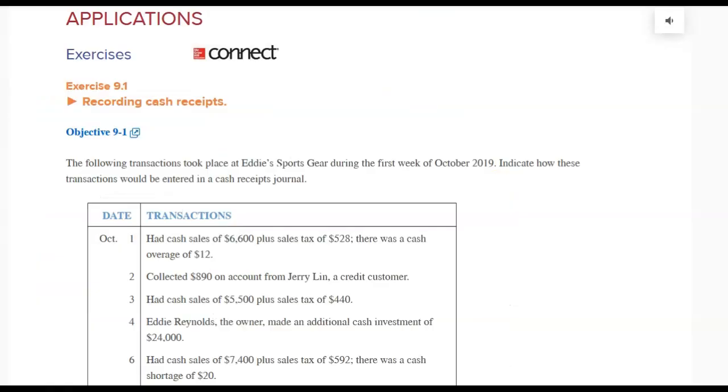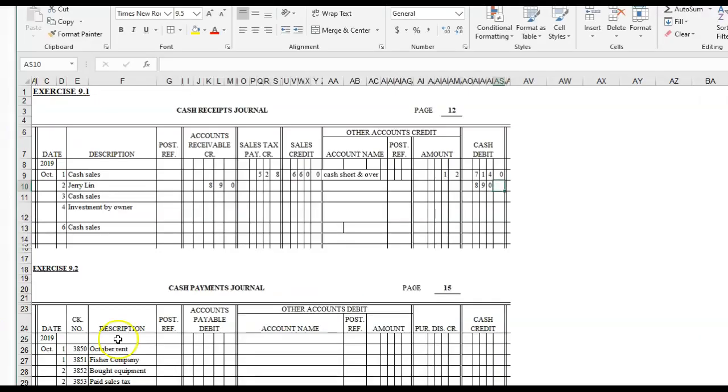Next one. Had cash sales of $5,500 plus a sales tax of $440. Cash sales. We're going to go under the sales credit. 5500.